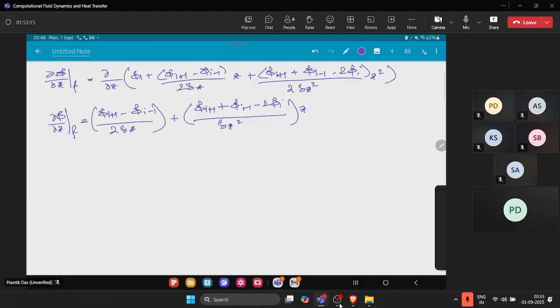Then this is equal to, at the surface itself, for example, if x equals delta x divided by 2, this becomes (phi I plus 1 minus phi I minus 1) divided by 2 delta x plus (phi I plus 1 plus phi I minus 1 minus 2 phi I) divided by 2 delta x.